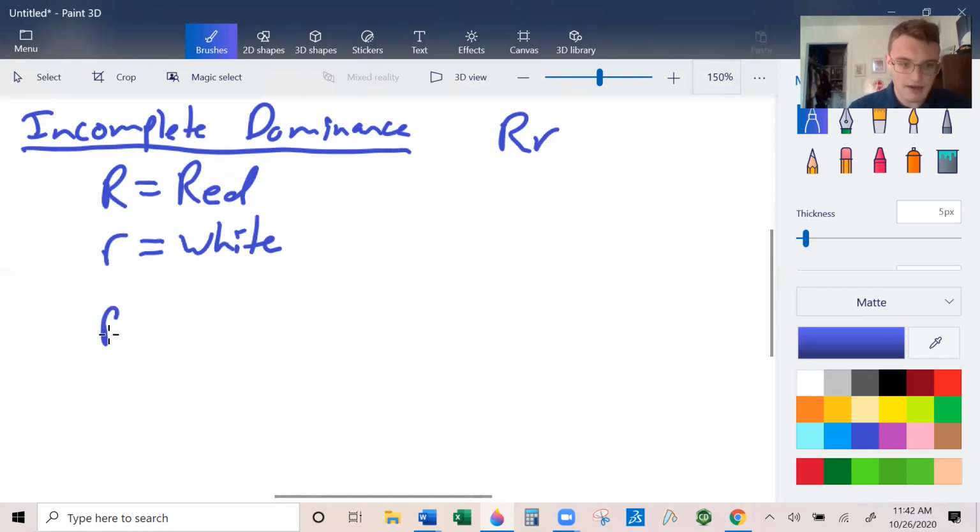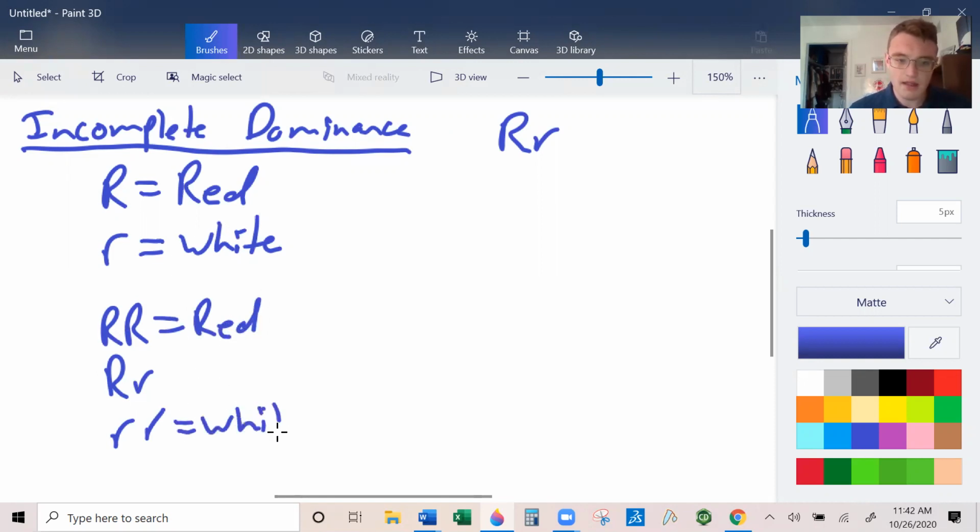So let's write these out. We've got big R, big R, big R, little r, little r, little r. Big R, big R is still going to be red because we've just got red alleles. Little r, little r will still be white. But instead of big R, little r being red like it is in complete dominance, or red and white spots like it is in codominance, it's going to be pink.